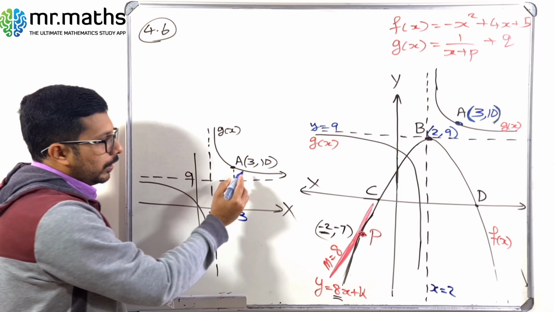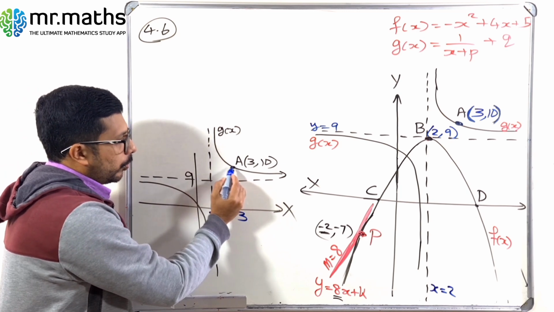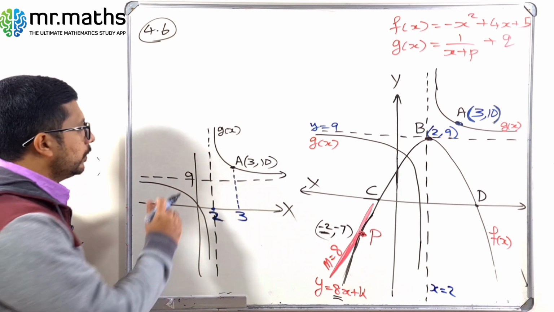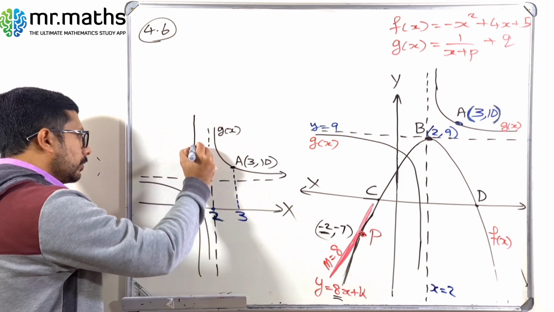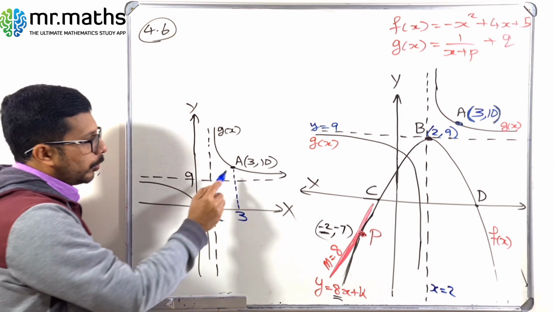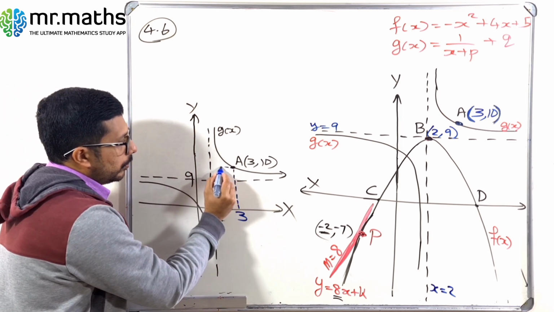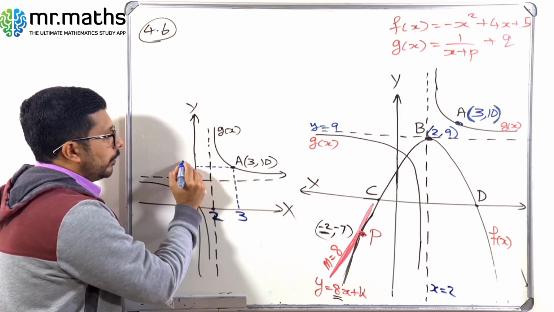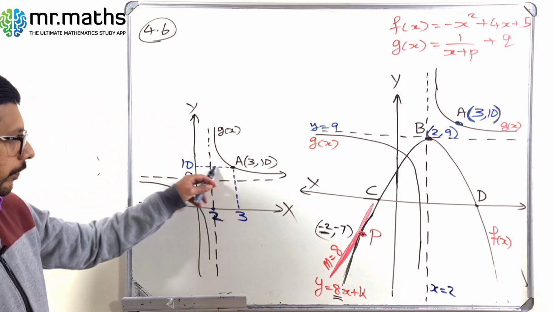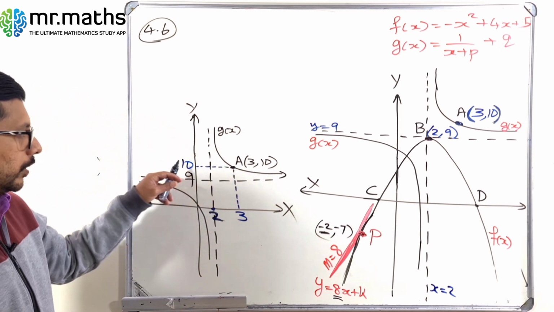Okay, then what is the y value of this point? Here, let me increase this. Okay, this is the y axis. So at this point, what is the y value? Y value is 10. Am I right? Okay, at this point the y value is 10.